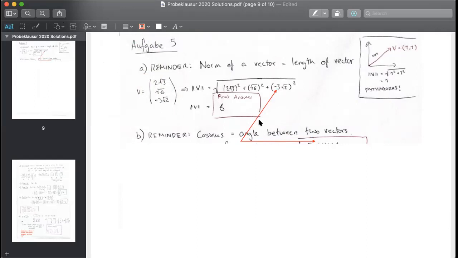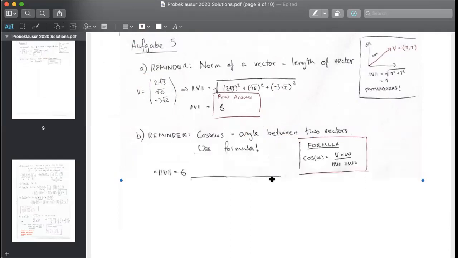That would be the angle between them, and that's what we want. There's a formula to find the angle, and it looks like this: the cosine of the angle is equal to the dot product of v and w divided by the product of the norms.